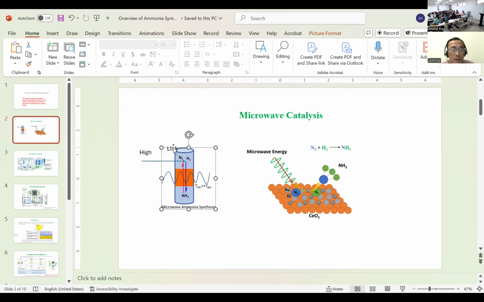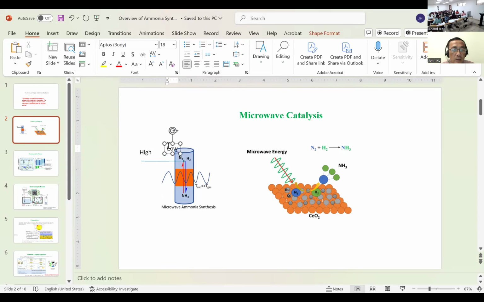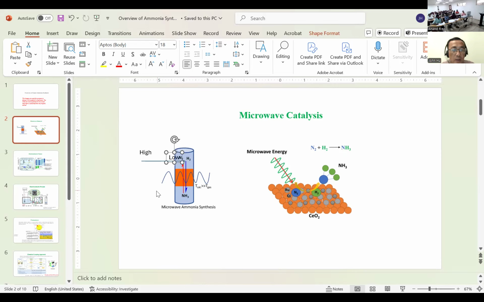You agree, all right? So with conventional heating, if I have a fire heater combustion, I want to heat this reactor, all right? Then it is either conductive or convective heating. You agree, all right? It's high to low.